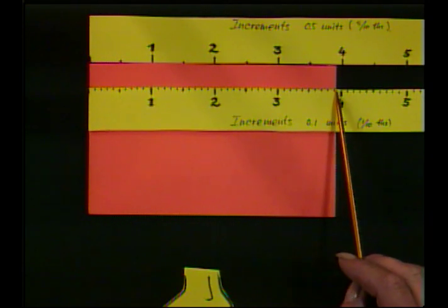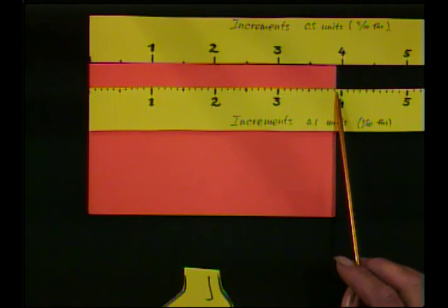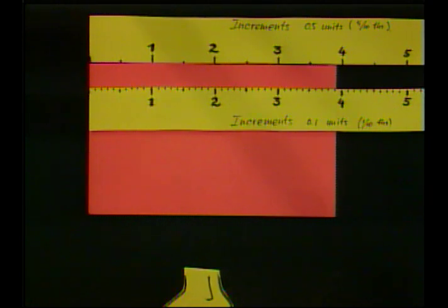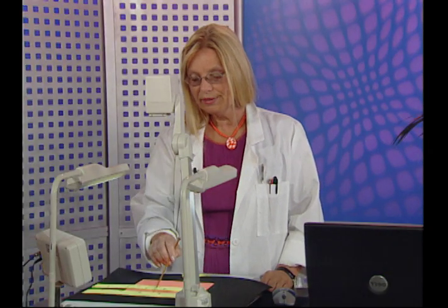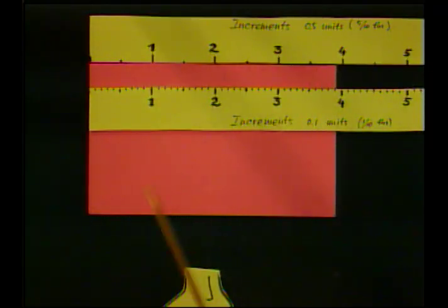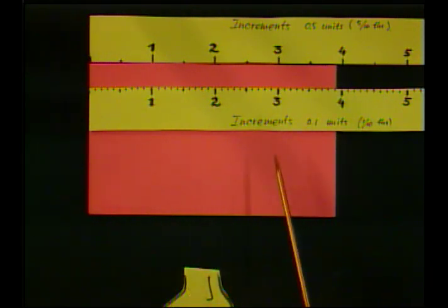So I have to estimate the number behind the 9. It's not quite in the middle, so it's probably 3.92 or something like that. So the last digit is uncertain, but I can still use it as a significant reading. In the measurement tape up top, I had 3.9, so 2 significant figures. In the bottom, I have 3 significant figures because I had 3.92.